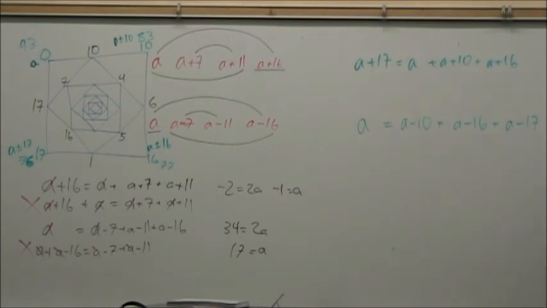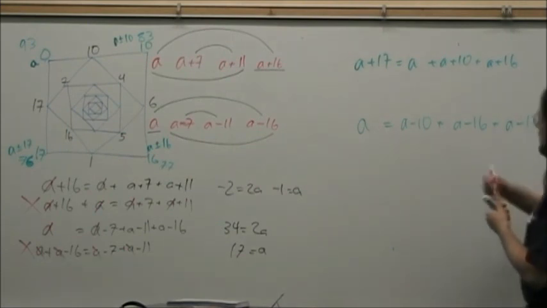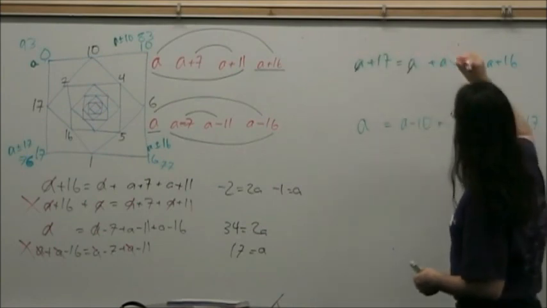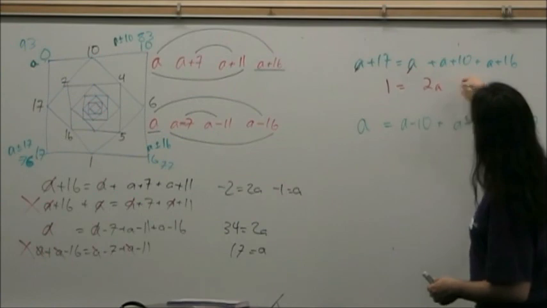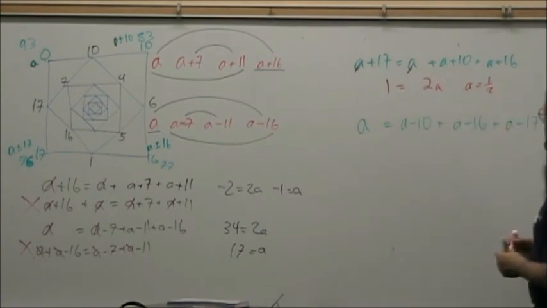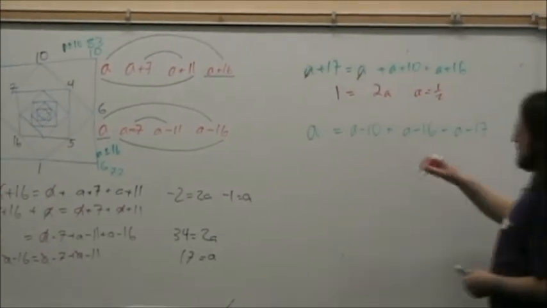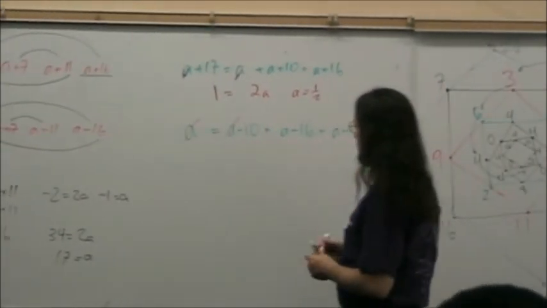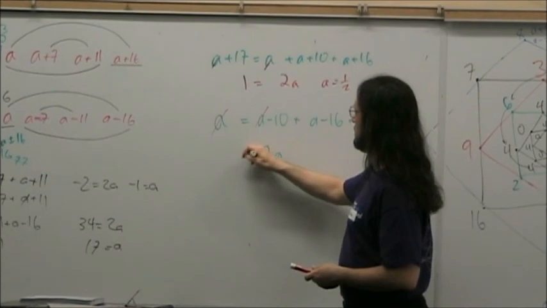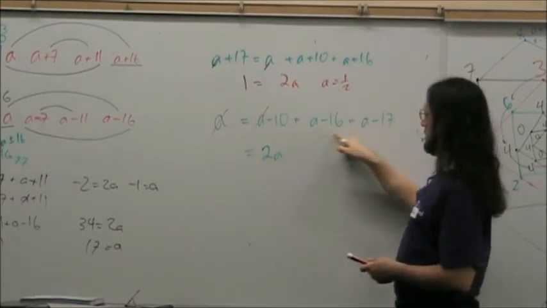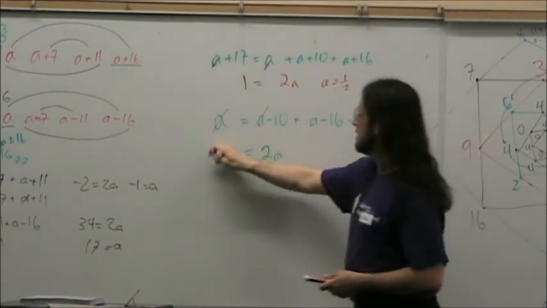But these equations have some hope, right? Here I could subtract A from both sides and do some more subtraction. I guess I get 1 equals 2A. So A would have to equal a half. And here I could subtract an A from both sides. And I get 2A equals 43.